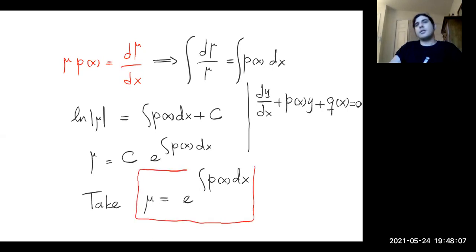This is the function we should multiply everything with using the product rule, and the rest of the solution is similar. Okay, I guess that is the answer to your question. Yes, it is e to the integral of p of x dx. Okay, any questions?